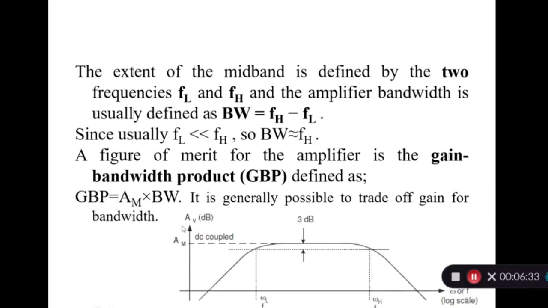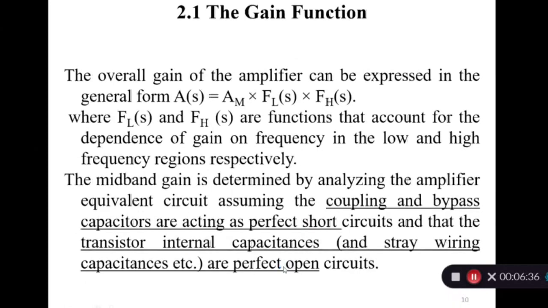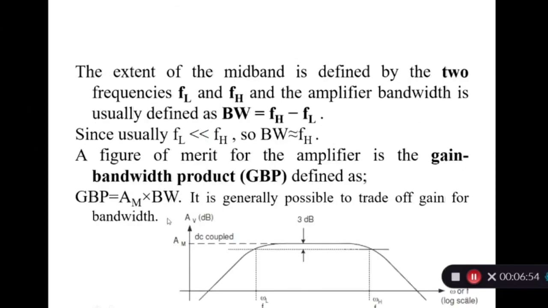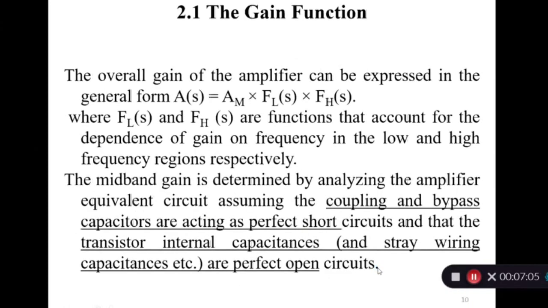The formula for the overall gain of the amplifier can be expressed in general form as AM multiplied by FL multiplied by FH, where FL and FH are the functions that account for the dependence of gain on frequency in the low and high frequency ranges. Throughout this module we will try to calculate AM, FL and FH.